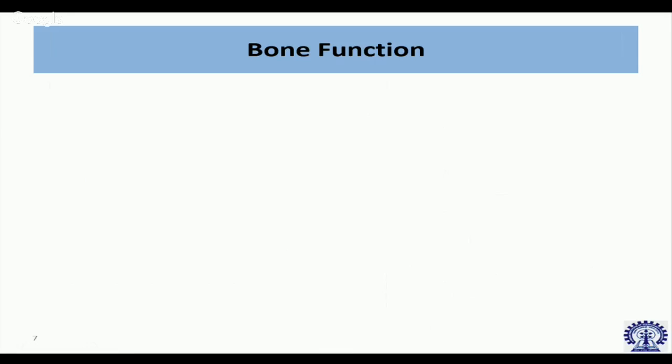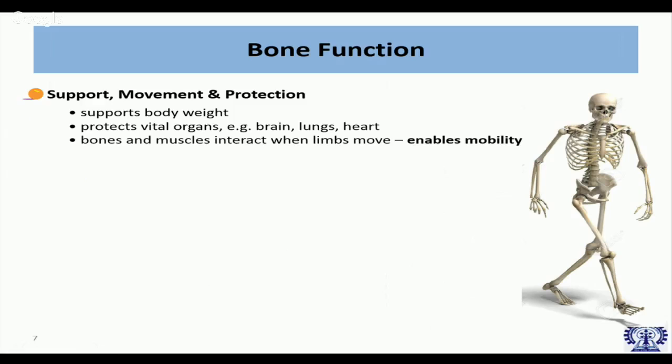Let us go to the function of bone. So, the bone structure that forms the skeleton actually has certain important functions, which can be summarized as follows. The first most important function is supporting the body weight, okay, providing movement, so that gives you the mobility, and it actually protects vital organs.